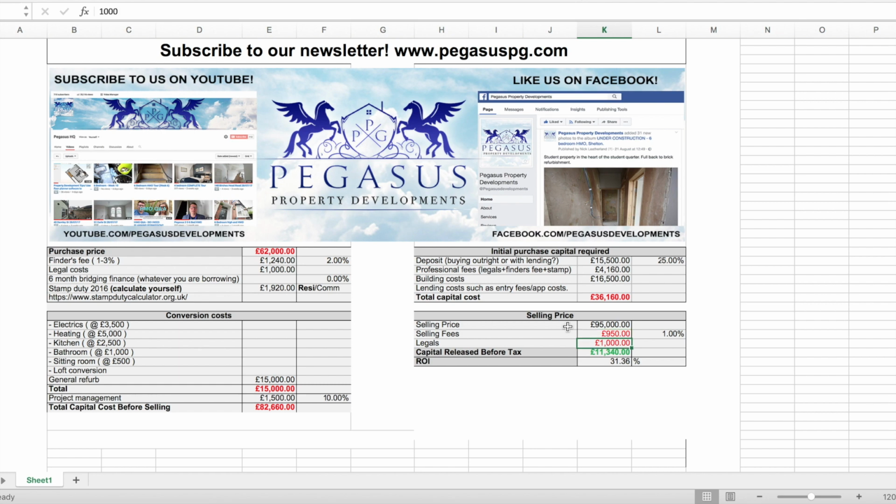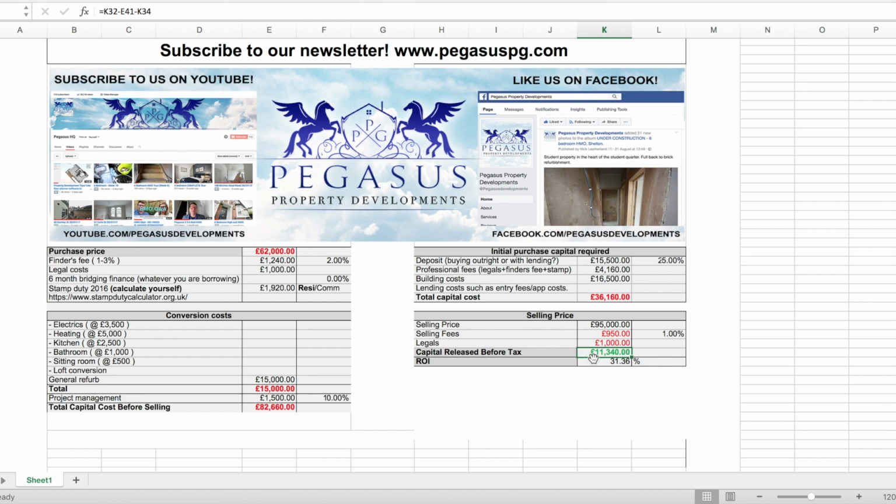Legals, again, you're going to have to pay for legals when you sell the property. And then down here you get this nice green bit, which is the capital release before tax. So out of this deal, basically 11 grand profit for a flip before tax. So it was a good project. Pretty much leveraged all of the work off to someone else, so I did absolutely nothing.